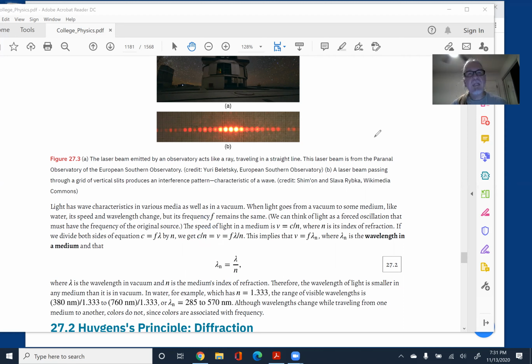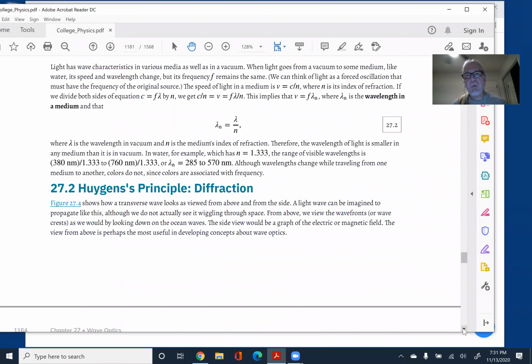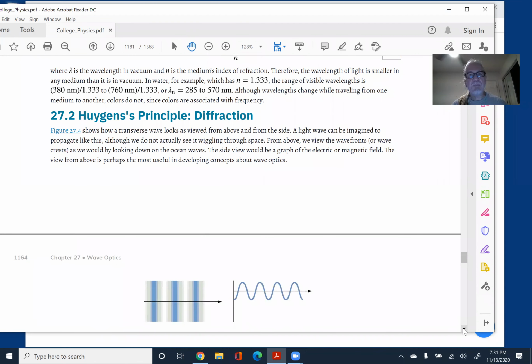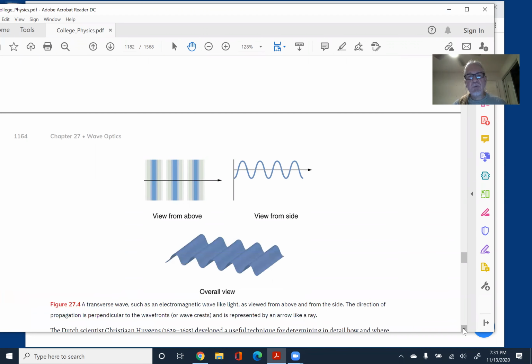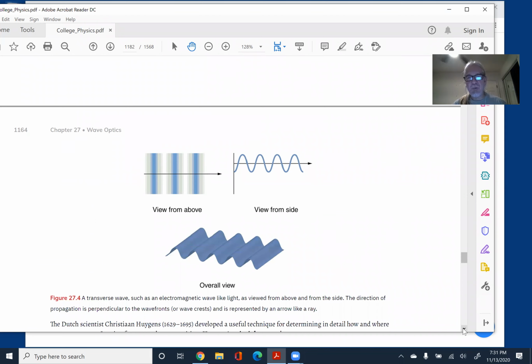The next thing we want to do is introduce a technique which we will be using mostly for derivations. It's not going to be part of the major final equations that we use, but it will come up fairly often in this chapter, and it's called Huygens principle. To understand it, we need to know what the idea of a wavefront means.